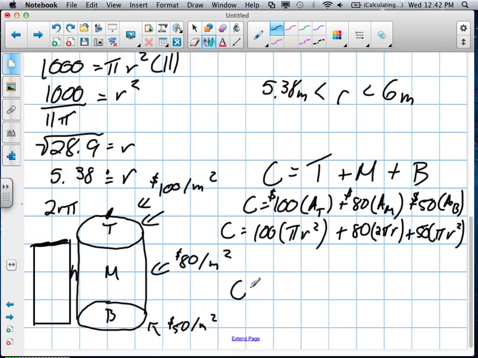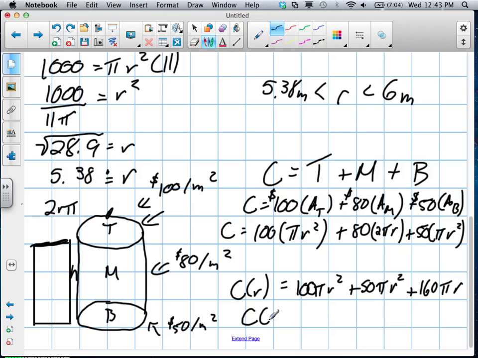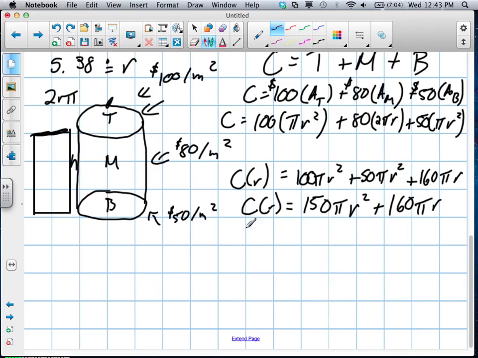So our cost function in terms of radius is equal to 100 pi r squared plus 50 pi r squared plus 80 times 2, which is 160 pi r. When we combine those, cost related to the radius of this is 150 pi r squared plus 160 pi r. Okay? So we've now dealt with our cost function.